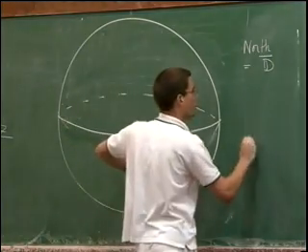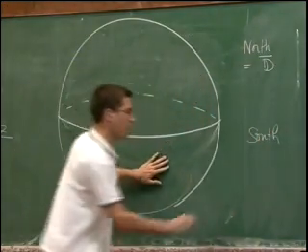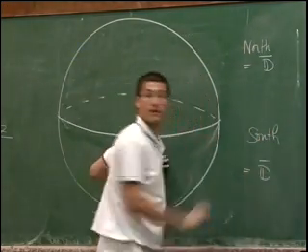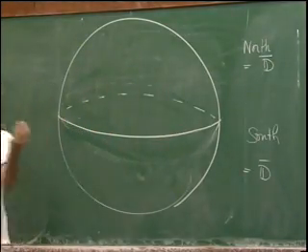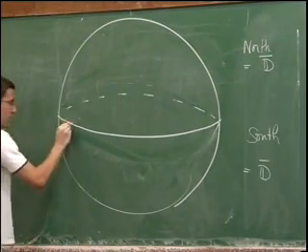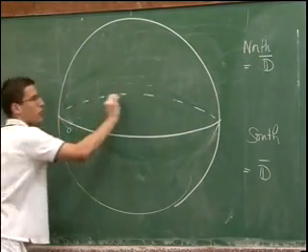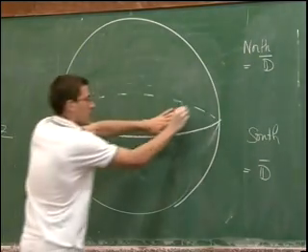Same process on the south hemisphere, I can identify the south hemisphere to a disk. And I can see the equator as my S1 circle. So let's say 0 is here, and I'm running from 0 to 1. I come back here. 1/2 is here.